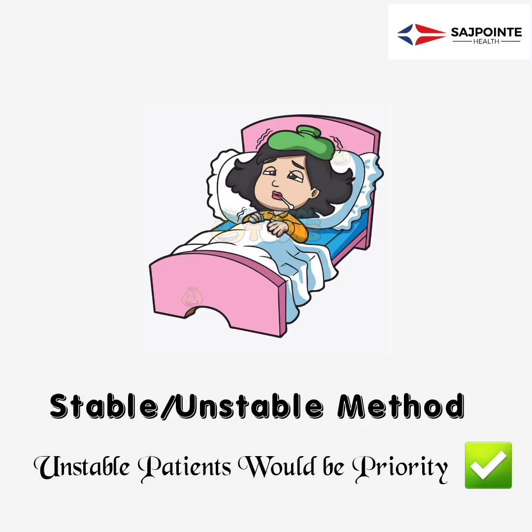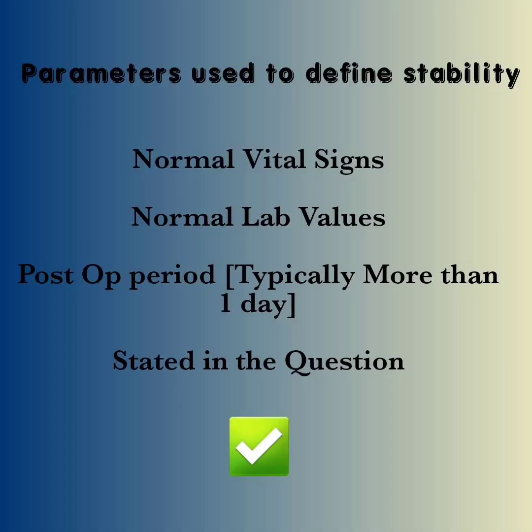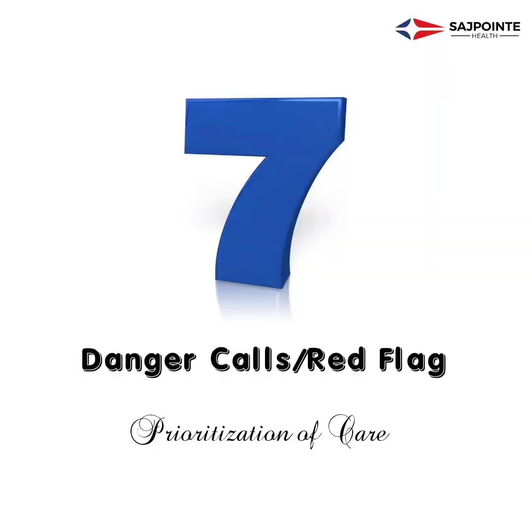And the question now is, how do we know if a patient is stable or not? What are the parameters to use to define stability of a patient? Now, this takes me to the next one, which I like to call danger calls, or I'd say red flags. Okay, they're just like keywords you should note.